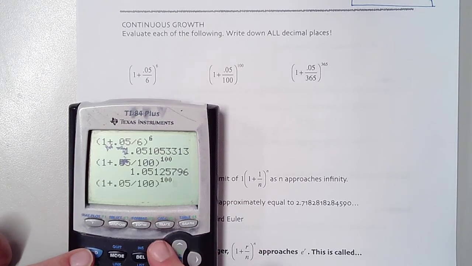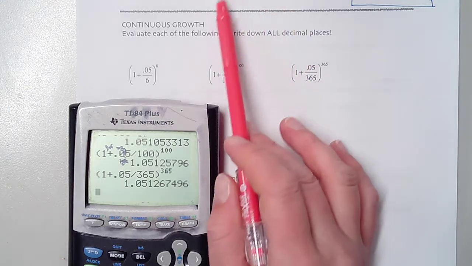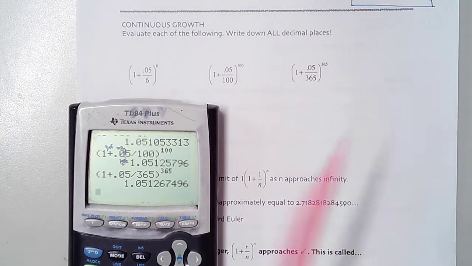And then let's do the same thing with 365. So what I want you to notice is that up here we did it twice a year, and we got 5.0625.